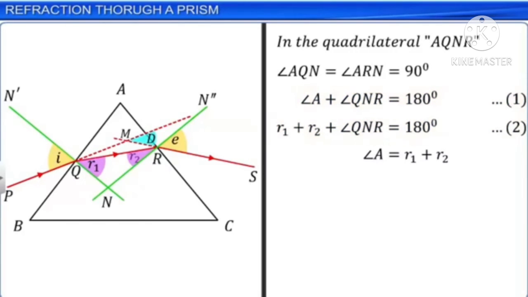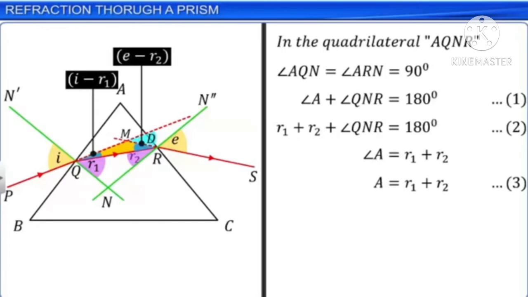Since in a triangle, external angle is equal to the sum of the two opposite internal angles, for the triangle MQR, we have D is equal to i minus r1 plus e minus r2, or D is equal to i plus e minus r1 plus r2. On substituting the value of angle A from equation 3, we get D is equal to i plus e minus A. Let this be equation 4.